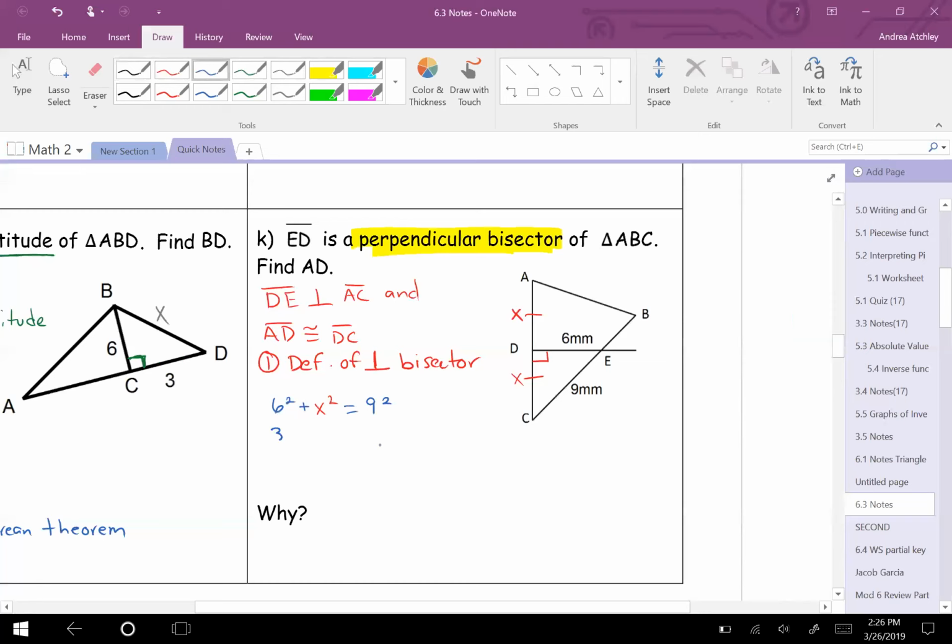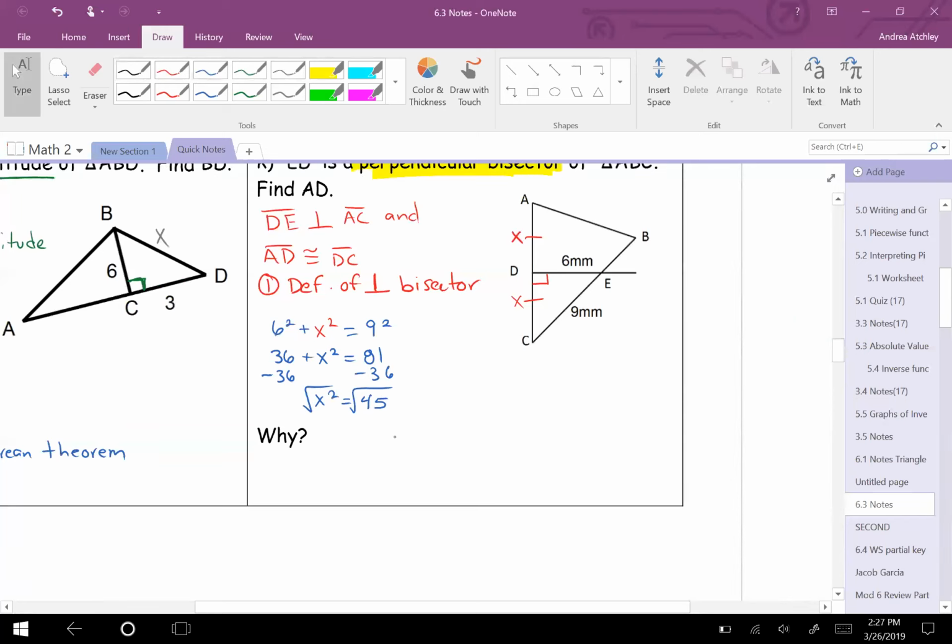So 6 squared is 36 plus x squared is equal to 81. Minus the 36, x squared equals, so weird, 45. I square root. And what does x equal again? 6.7. So that means that the measure of AD is equal to 6.7.